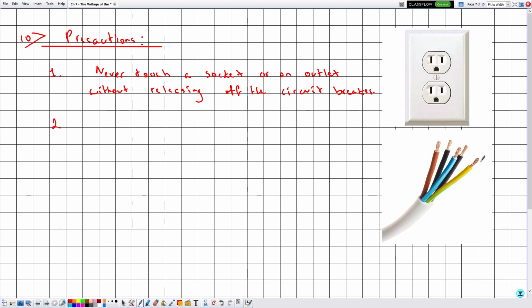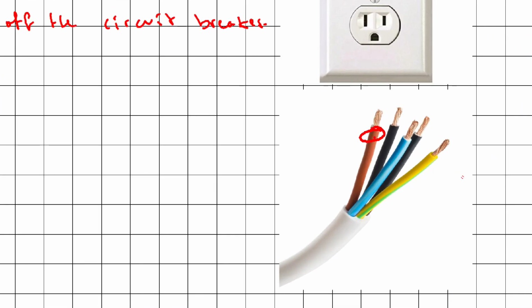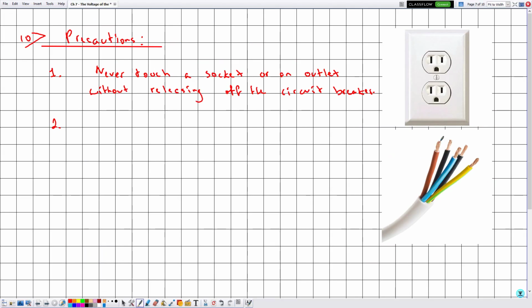The second thing is that, now notice the wires are coaxial, made up of 2 layers. The outer layer is insulator, whereas the inner layer is the conductor, which is made usually of copper. Then never leave a bare wire connected to the live line or to the live terminal.